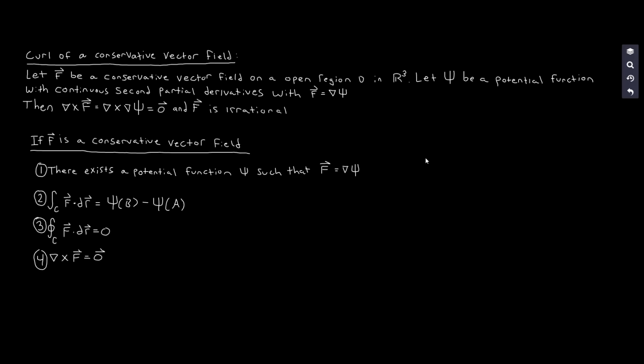Then del cross vector f equals del cross del psi equals 0, and if that's the case, then vector f is irrotational. If vector f is a conservative vector field, then the following 4 statements are true. There exists a potential function psi such that vector f equals the gradient of psi.